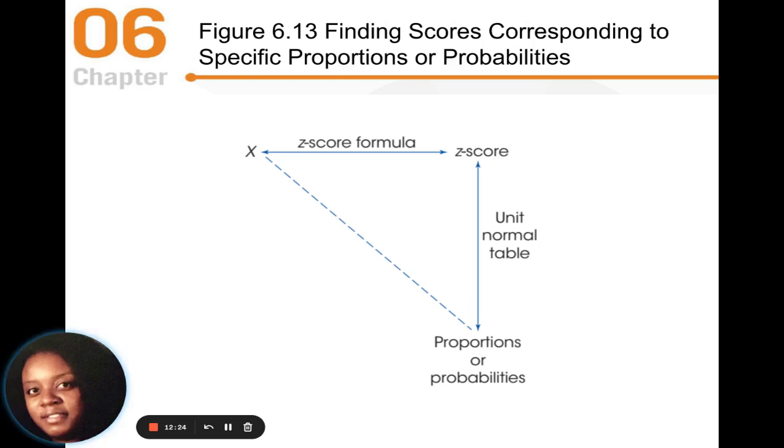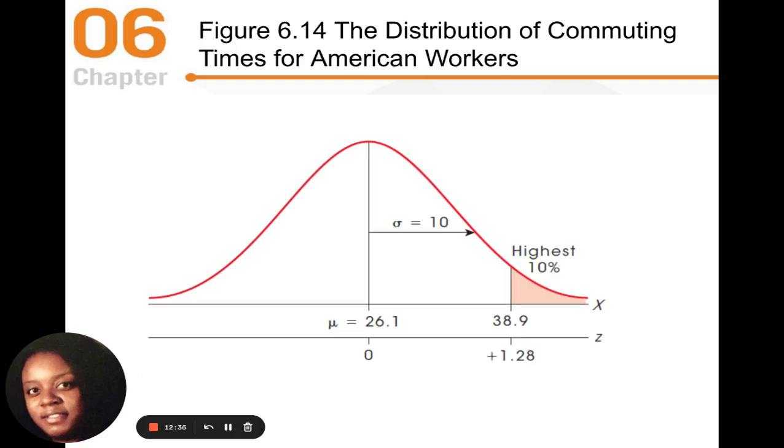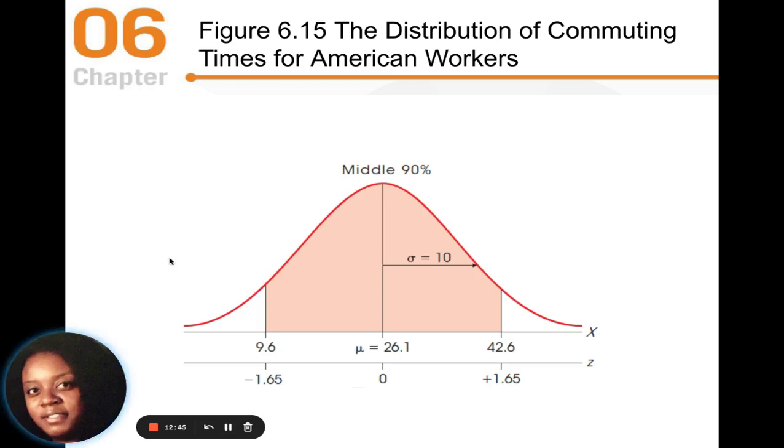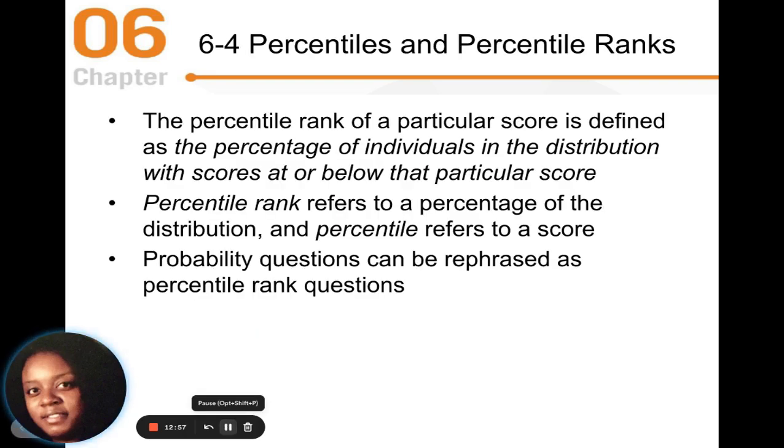And here's how we can find the scores that correspond to those specific proportions or probabilities. And here's the distribution of commuting times for American workers, and figure 6.15 showing those distributions of commuting times. All those charts are in your textbook.